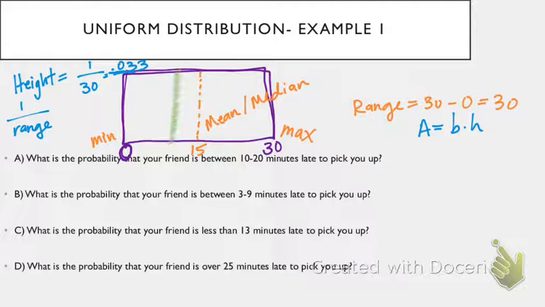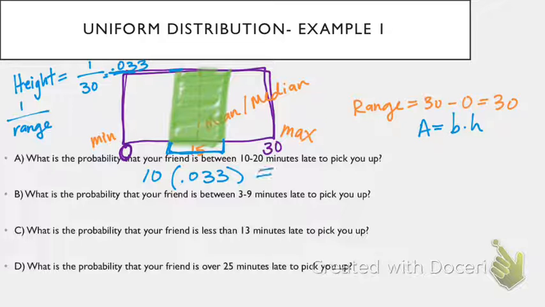Basically anywhere from here to here, I want to figure out the probability of that happening. My area is base times height. What would my base be from 10 to 20? What's the range of that? 10, times my height, which we've already established is what? 0.033. And so what do you get?